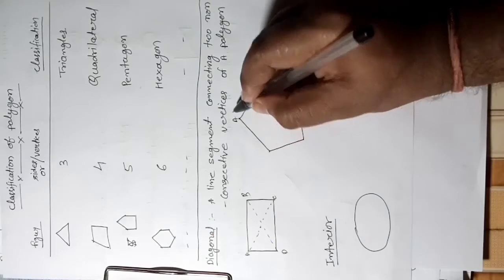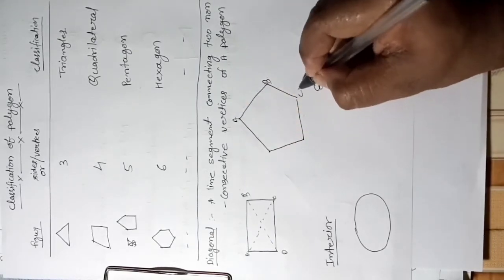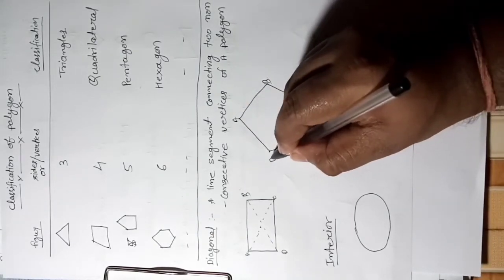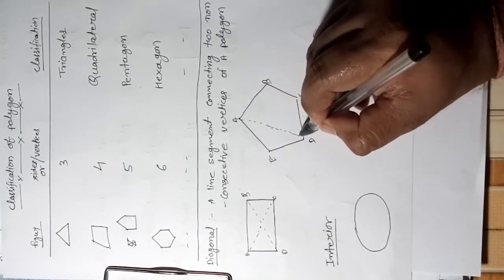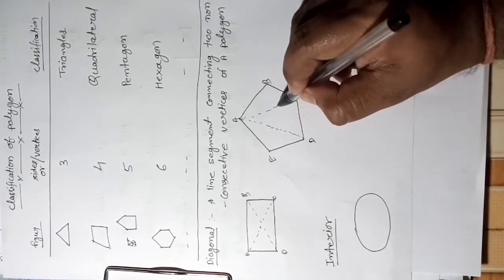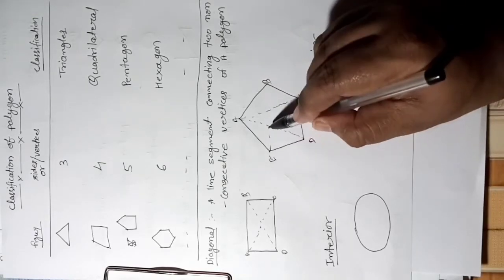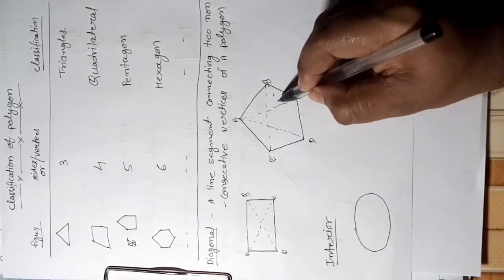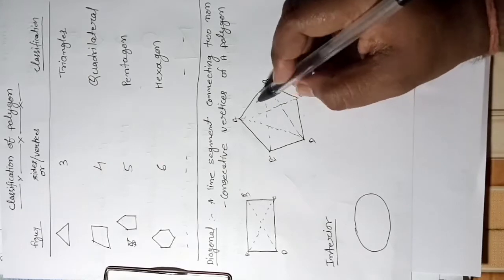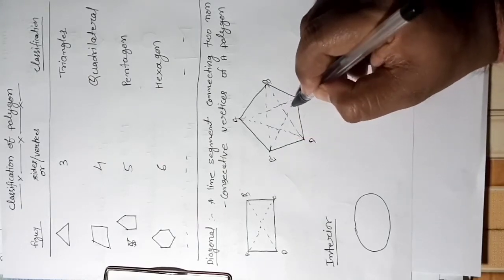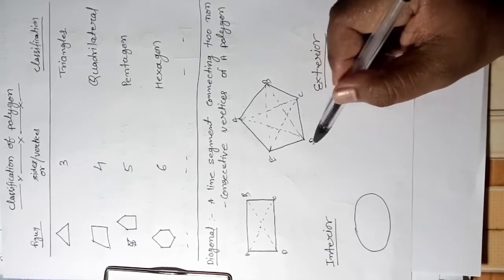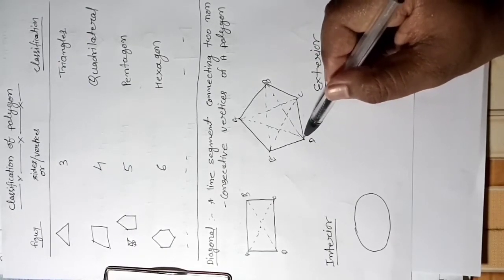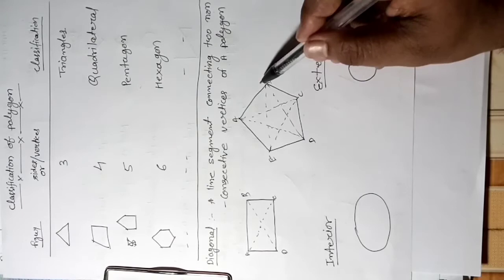Similarly, if I put A, B, C, D and E here, you will see what I am joining: A to D, A to C, E to B, B to D and E to C, right? So in this figure you have seen I have joined non-consecutive vertices, right?